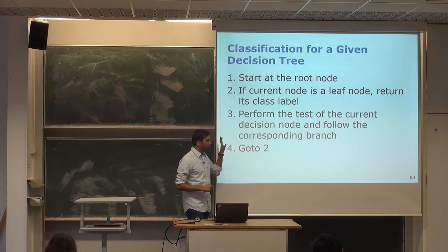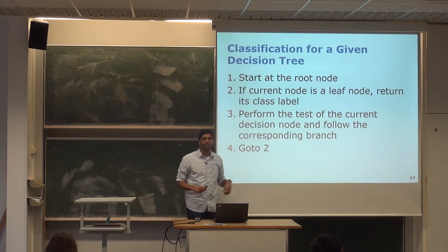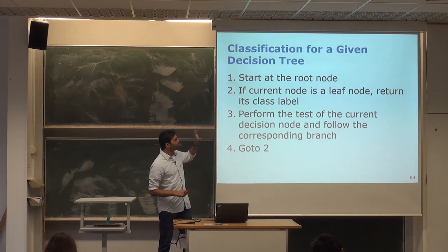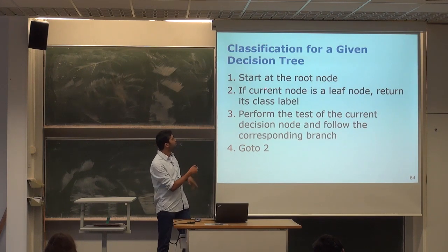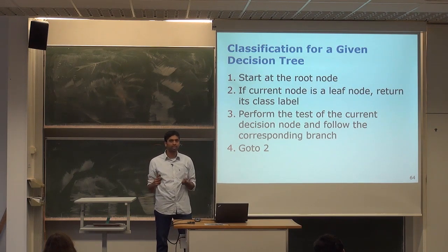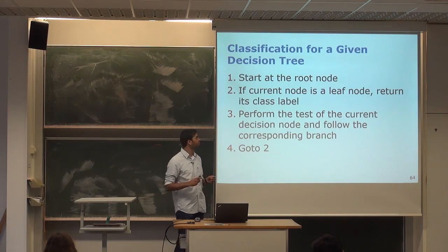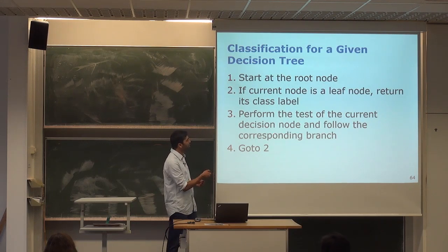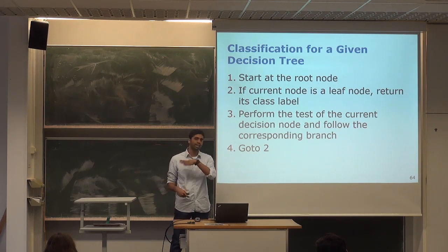Okay, so just to describe the various steps involved as an algorithm. You start at the root node, then you check if the current node is a leaf node. If it is, then you just exit. You're done. So you know the class of your example. You don't need to do anything else. But if it's not, then you need to ask a question. So perform the test of the current node and follow the corresponding branch. If the answer is yes, go to the left.